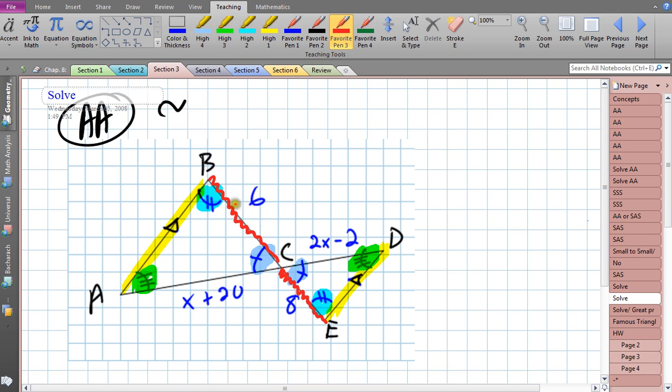If that side is 8, then that side's 6. This is not drawn anywhere close to scale here, but I know for certain that those two sides correspond to one another. And this side in here corresponds to that side. Why? Well, look at how color coordinated this is. This is between the purple and the green, and that's between the purple and the green.